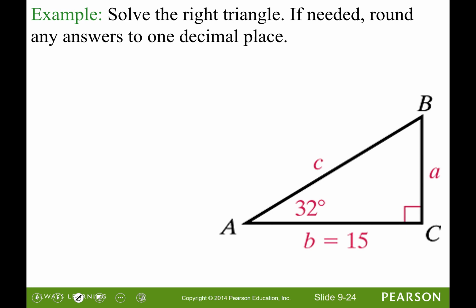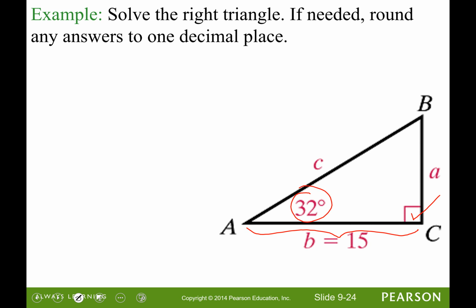Solve the right triangle. If needed, round any answers to 1 decimal place. We are given a right triangle, which we know by this geometric code right here. We are given one of the side lengths, this one right here is 15 linear units, and we are given 1 angle measure. The measure of angle A is 32 degrees.